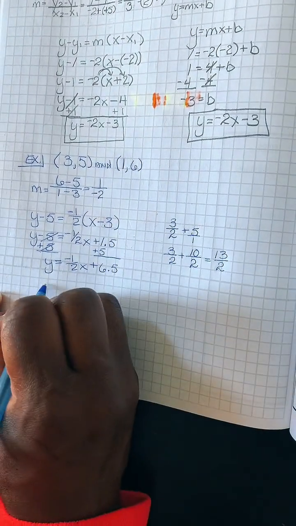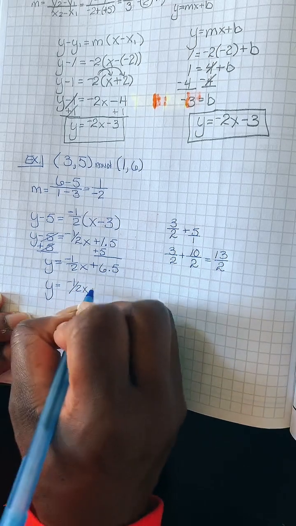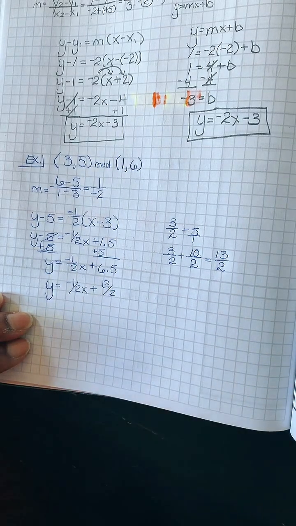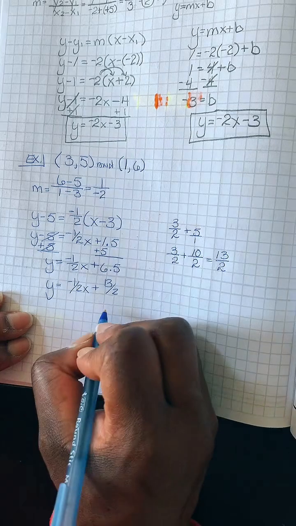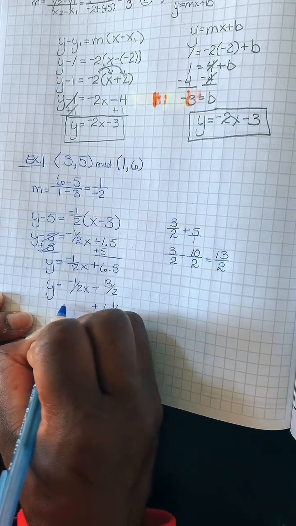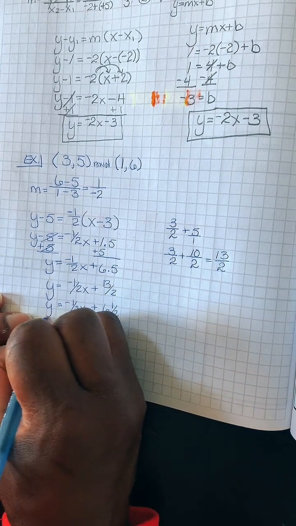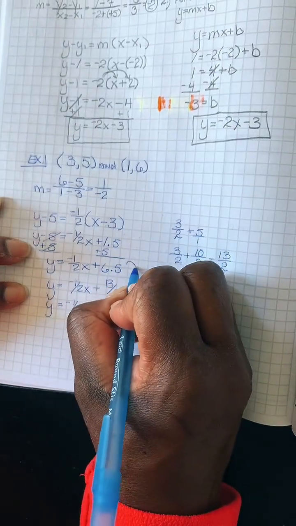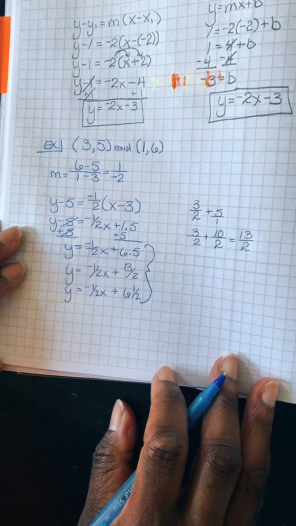So if you had y equals -1/2 x plus 13/2, that'll work. Or plus 6 1/2 if you wanted to do it as a mixed number, that'll work. But most people generally don't have mixed numbers when it comes to the equations. So any of these 3 will work for our answer.